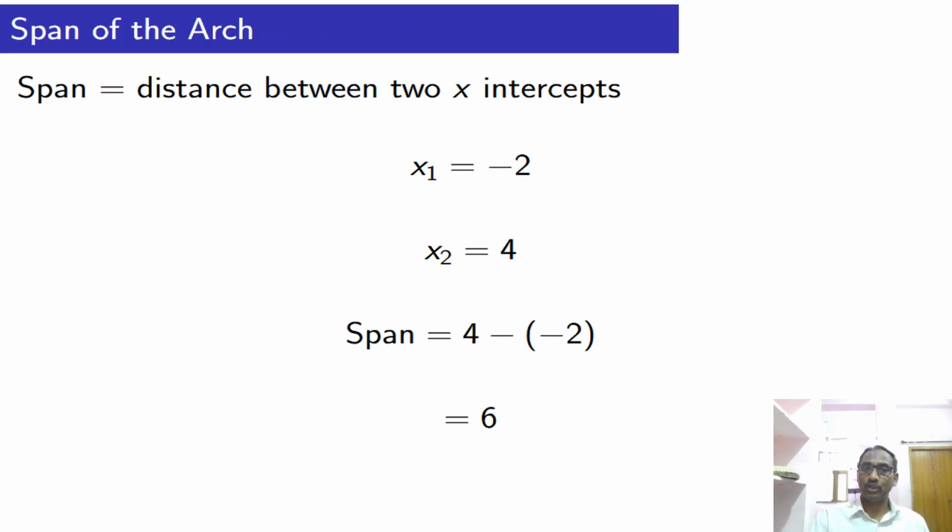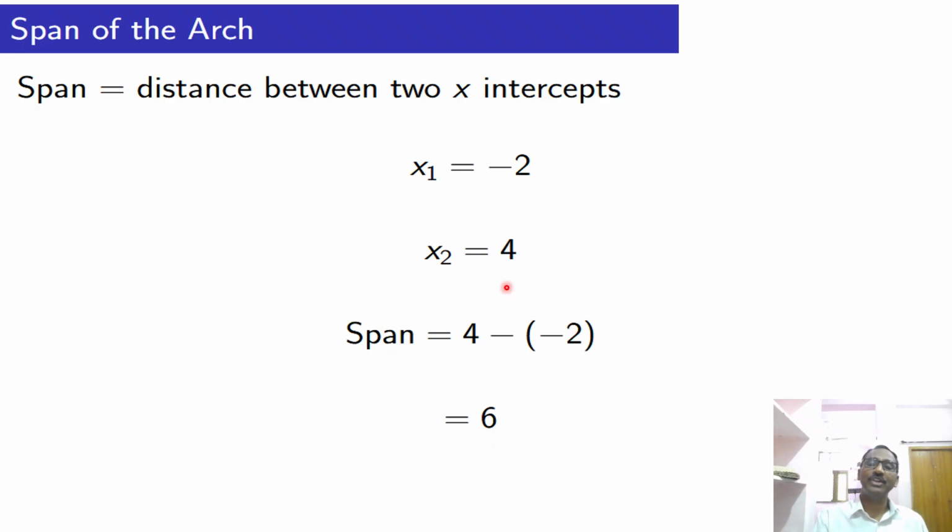There will be an alternative choice for one question, right? They asked to find the span also. Span means the distance between two x-intercepts. Already we found the x-intercepts, those are the zeros. One zero I got is 4, another is minus 2.